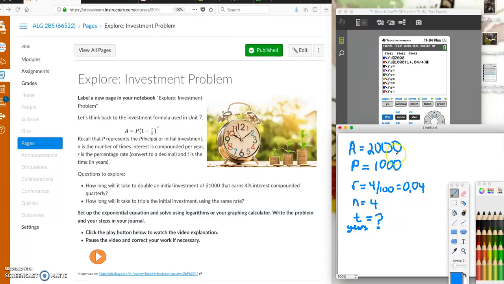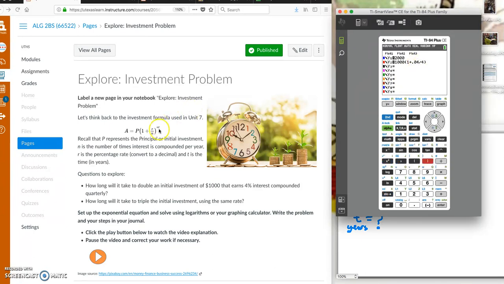And then the denominator will be 4. We need to raise this to a power of n times t. So I will put 4, the same number I used in the denominator, times t. We don't know what that is, so we'll use x.